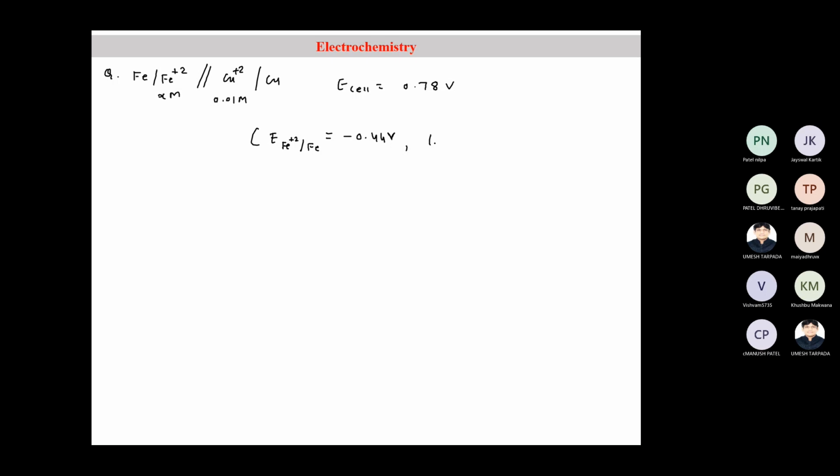Copper plus 2 to copper, its reduction potential is also given, 0.34 volt. From this you can also tell that the one with higher reduction potential is the cathode, the one with lower is the anode.